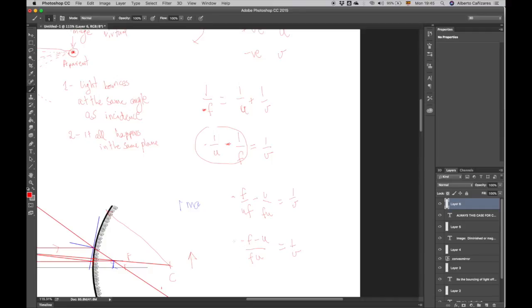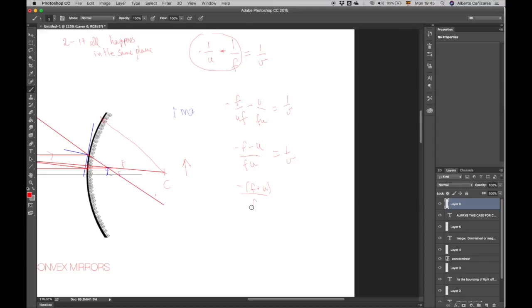And then I can bring the minus out, so I would have minus (F plus U). Remember to make it plus U because you've taken this out of the brackets. And then you would have F and U, and then you have 1 divided by V. Now, if you've done your algebra right, you can just invert this, so you'll have V is equal to FU divided by minus (F plus U).